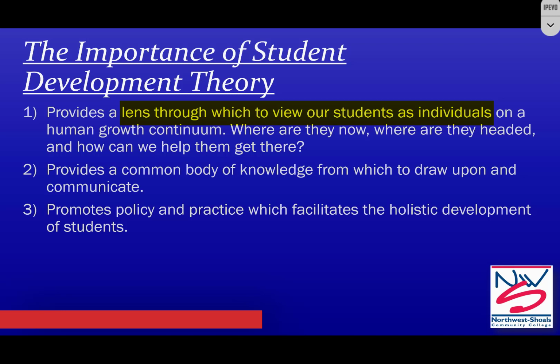They just haven't developed past a certain point yet. They're at a certain point in their development, cognitively and socially, and in how they view the world in general.